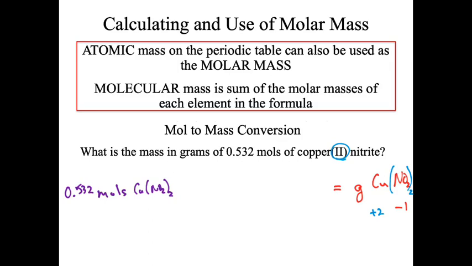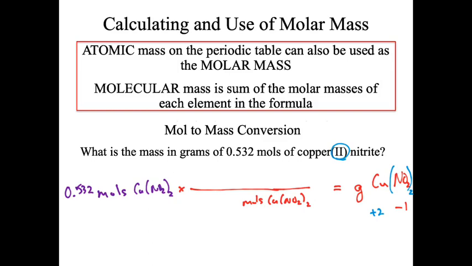Okay? That one step, what has to happen? The moles of the copper nitrite has to show up where in my conversion? In the denominator, so that it can cancel with the moles that were already there. What do I want to show up in the numerator?